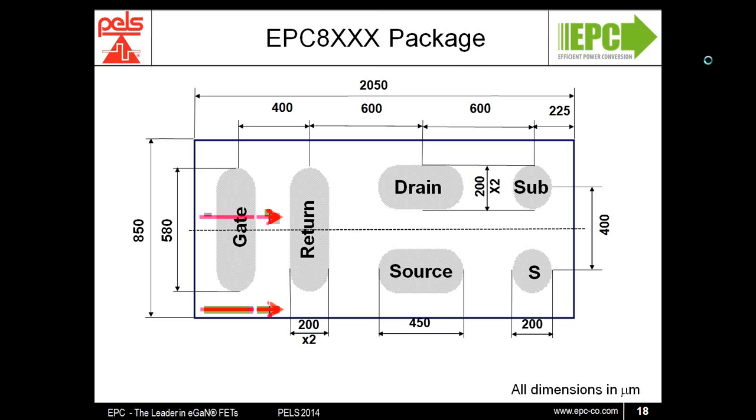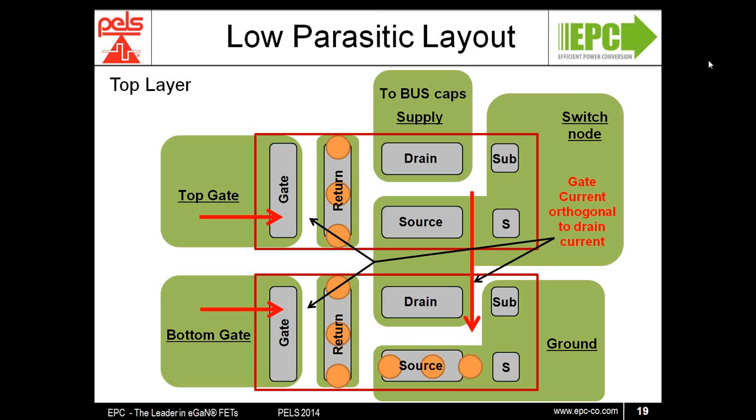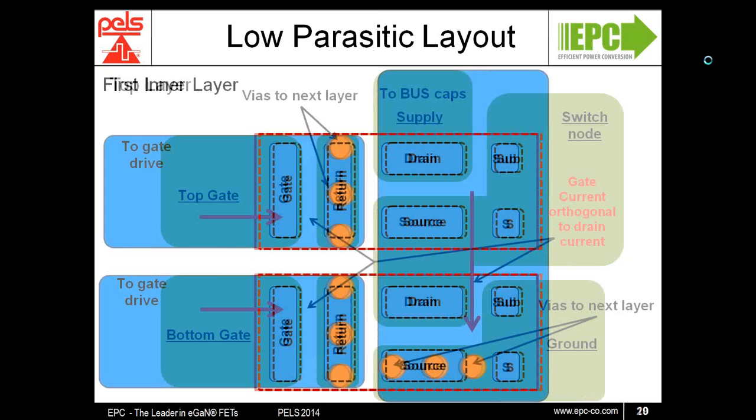Furthermore, to close these loops, there are a number of vias on the ground source return side and also on the gate return. By adding these vias to the subsequent layer, underneath, the second layer in the PCB, these currents can then be brought back to the gate and to the bus cap, with equal and opposite currents flowing in the top and second layers.